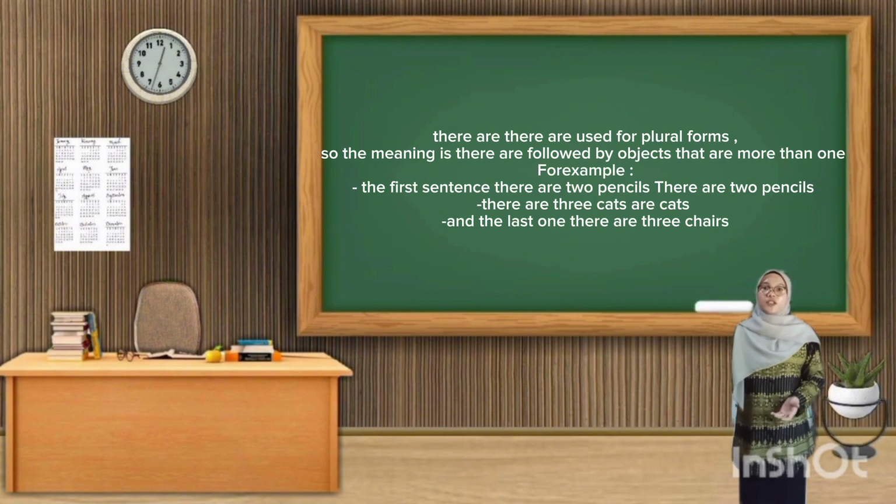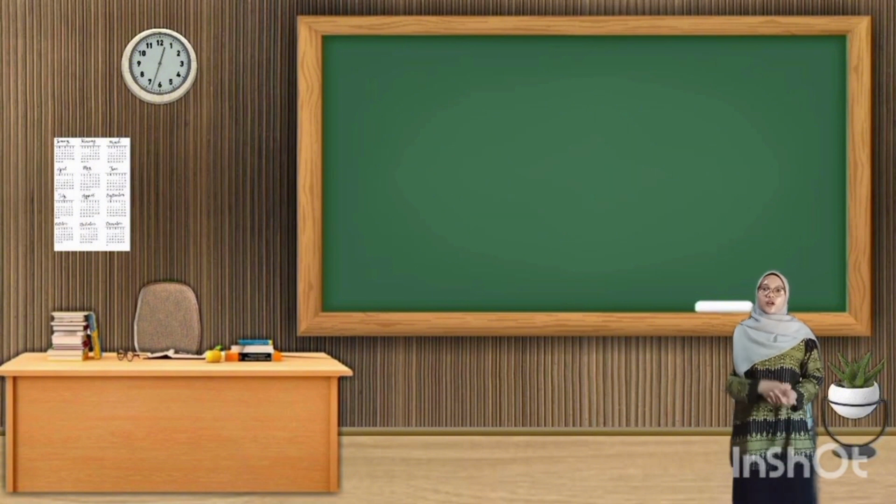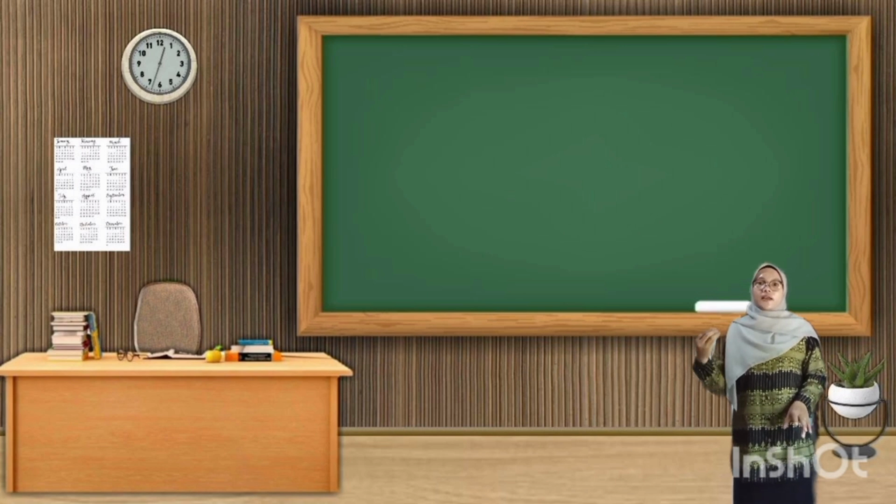There are three chairs. Well, because the objects in these sentences are plural, or the number is more than one, then each object is given the suffix s behind.